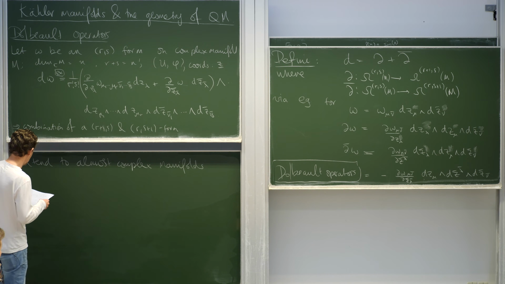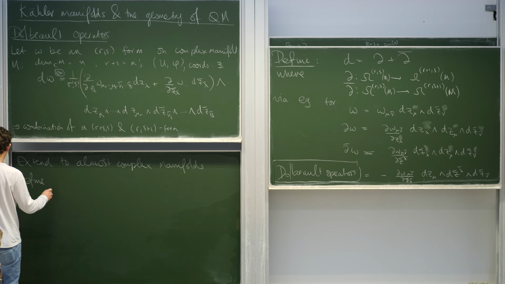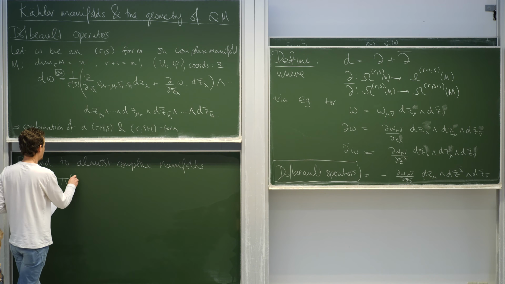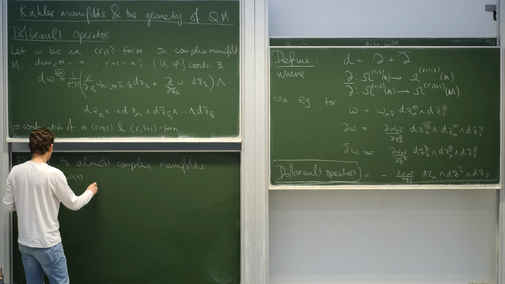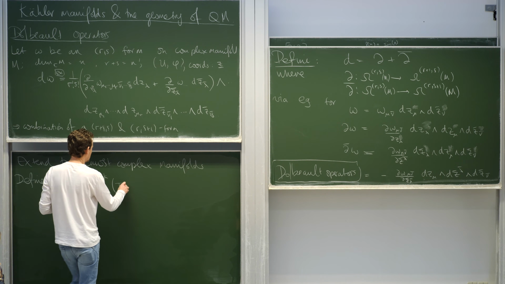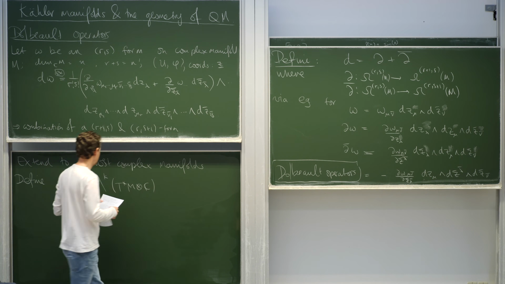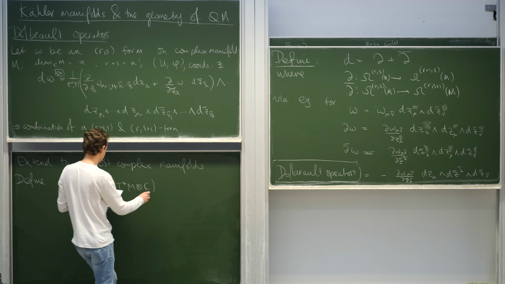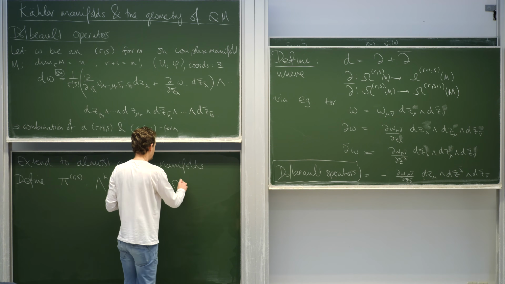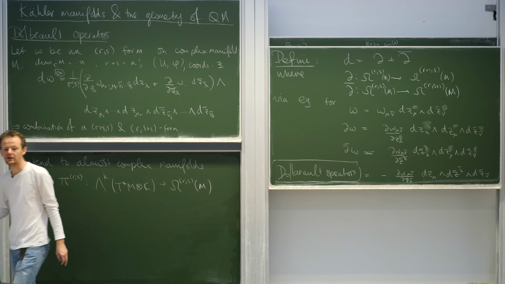So let's extend them, and to do that we have to define a projection operator, pi r comma s, which takes a K-form to the subspace of R comma S forms.